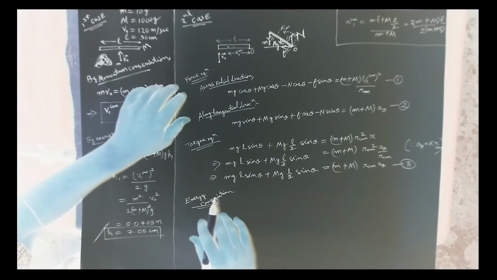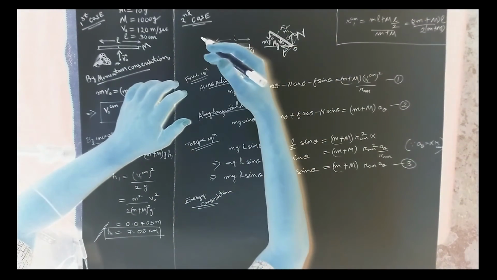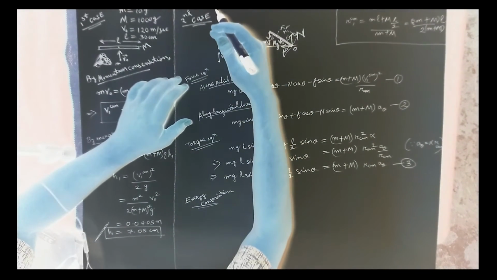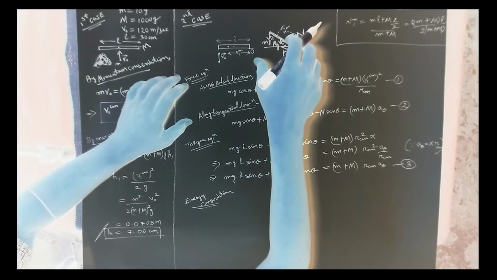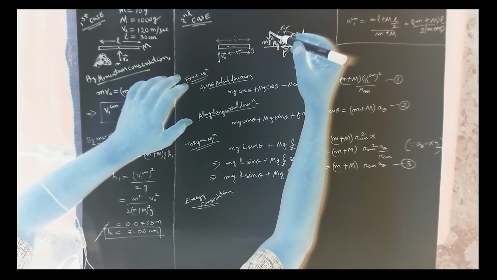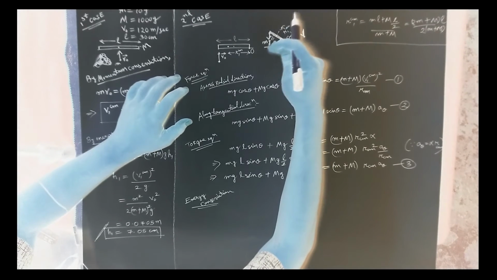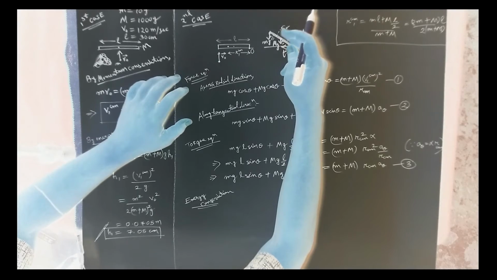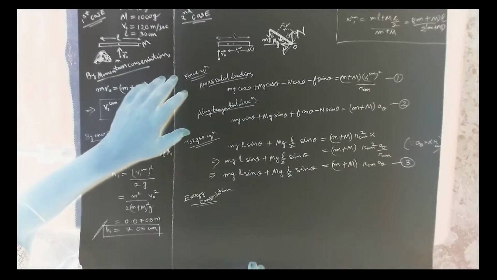By energy conservation, just after the bullet has hit the system, the energy the block and bullet are having is converted to gravitational potential energy, since the center of mass attains some height, plus rotational kinetic energy, because it is in pure rotation.